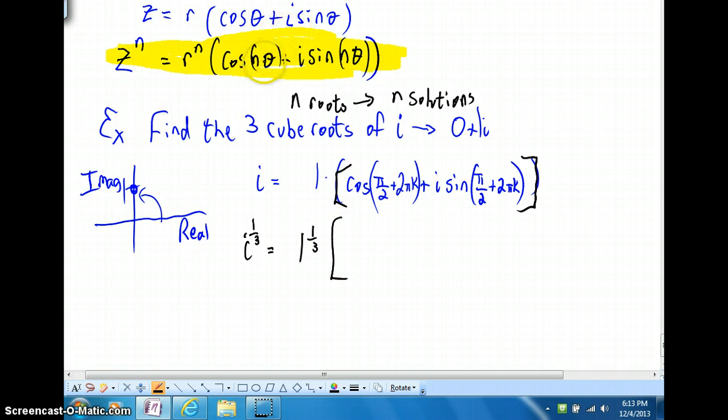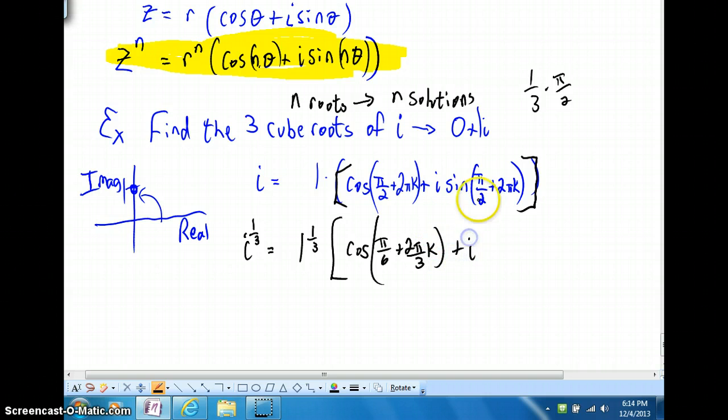But you'll notice that then we're going to take 1/3 times theta. Now 1/3 times pi over 2, of course, is pi over 6, isn't it? But don't forget, we're also going to take 1/3 of 2 pi k. And what would that become? 2 pi over 3 k. My goodness, look at that.